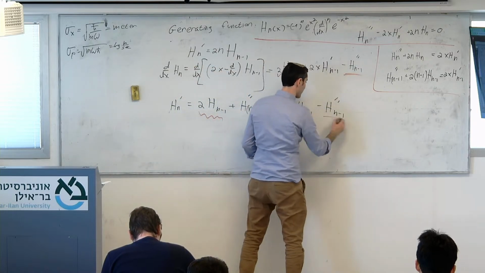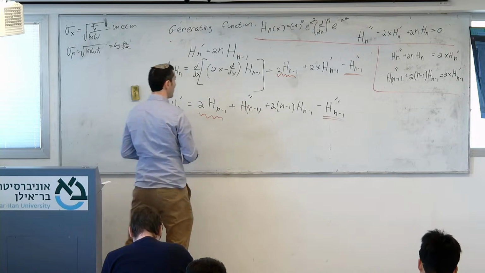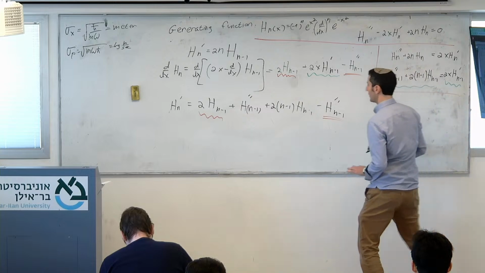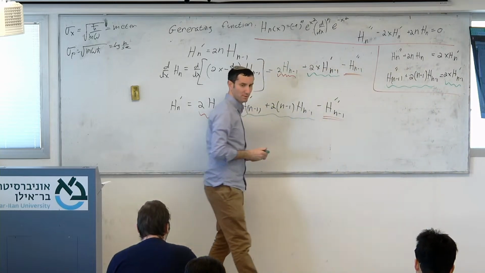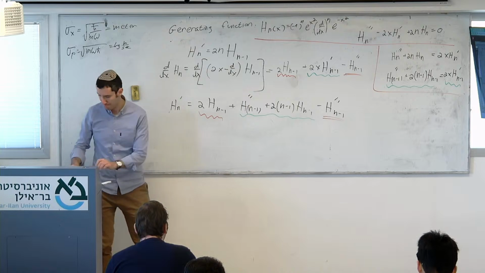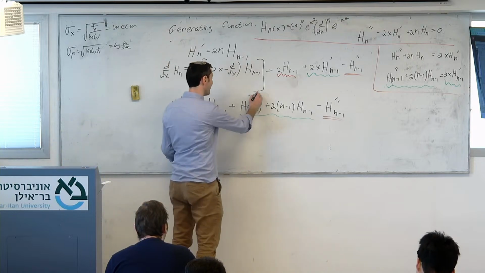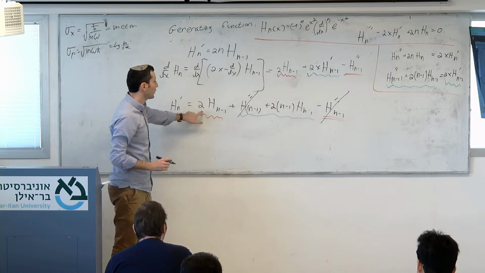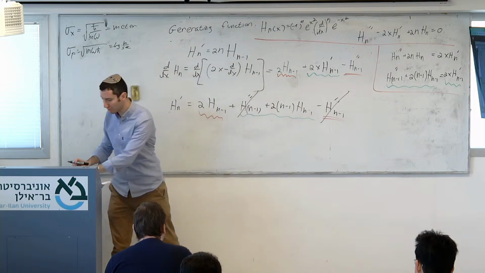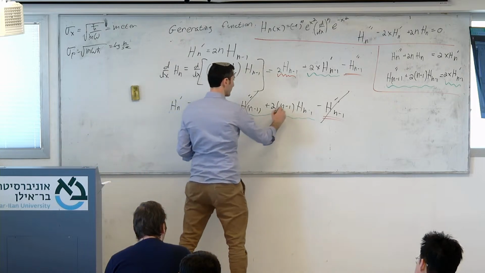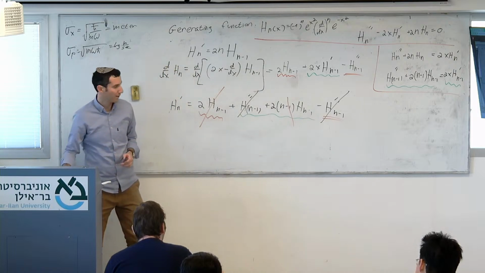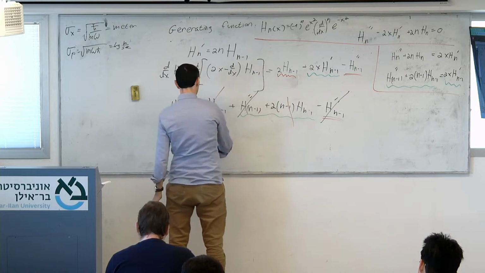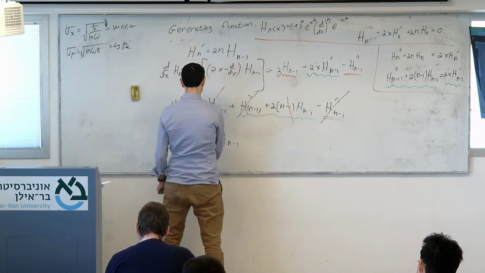So this here is this. And this thing is this thing, which became this thing. Oh, wait a second. This and this are the same. And this, 2Hn minus 1 minus 2Hn minus 1, also cancel each other out. So this dies with this. What am I left with? Hn prime is equal to 2n Hn minus 1.